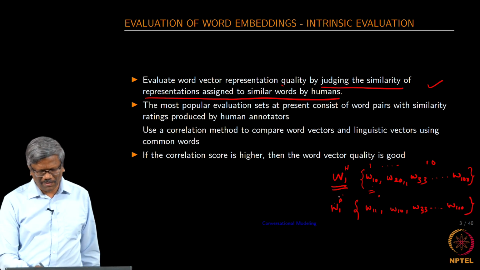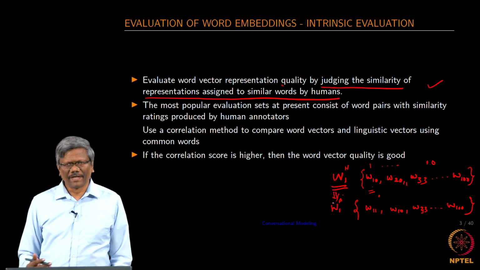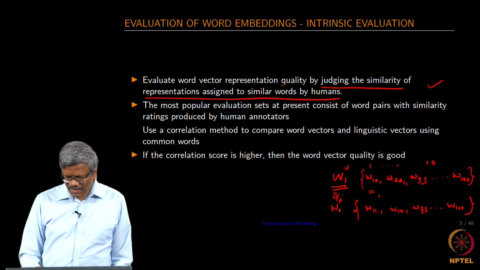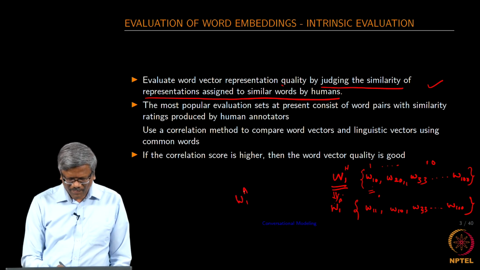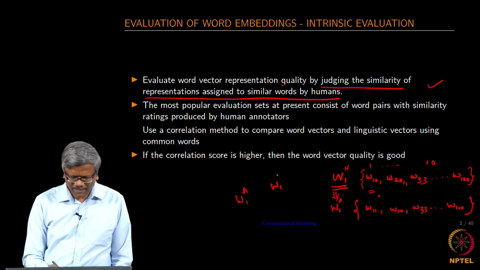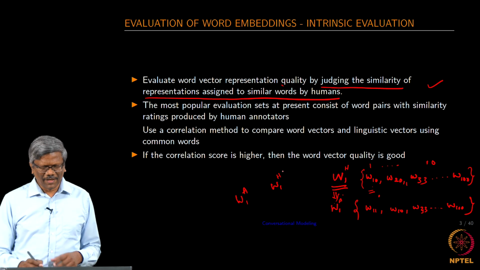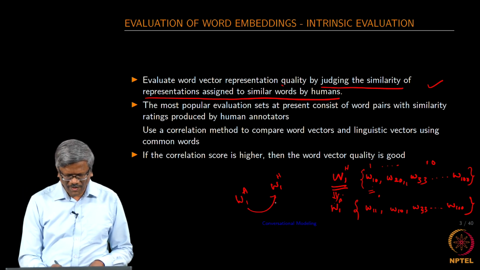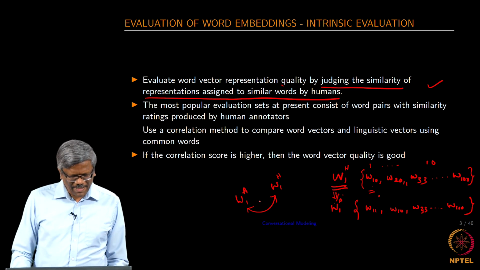Assuming that we have gotten something in this fashion, the idea is to see how close this W1A is to W1H. So, what kind of measures that we can use in order to compare these two is what we are going to be studying in the intrinsic evaluation of word embeddings.